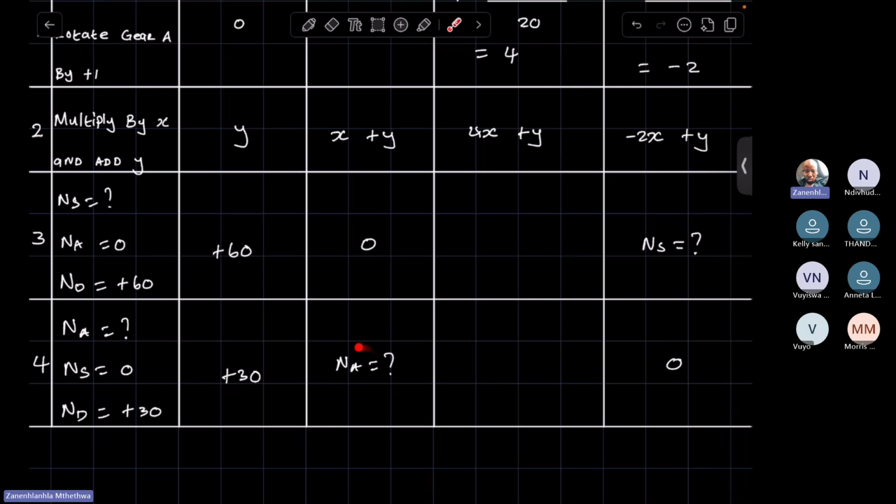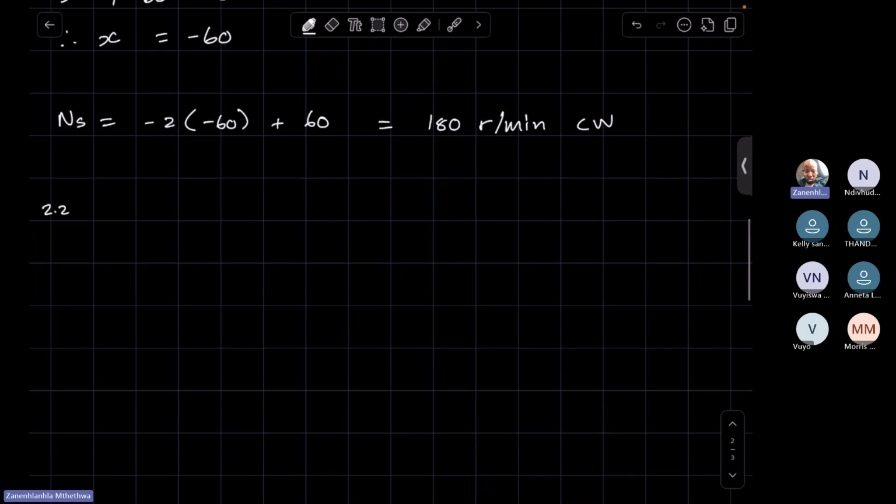You simply equate the second condition with your current condition, which is condition 4. So y will be equal to 30.